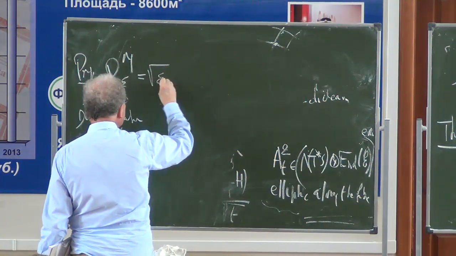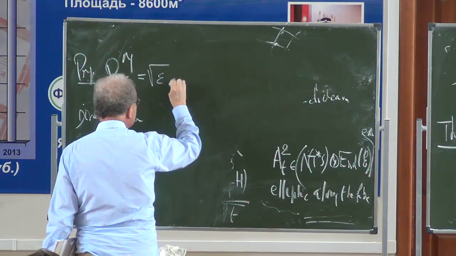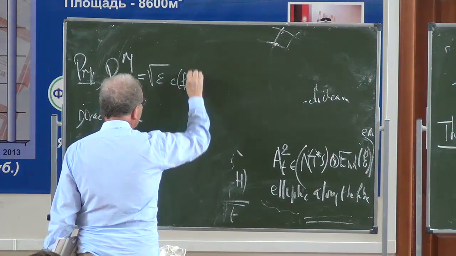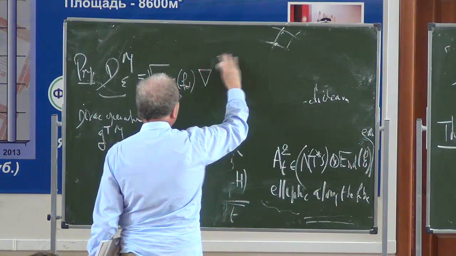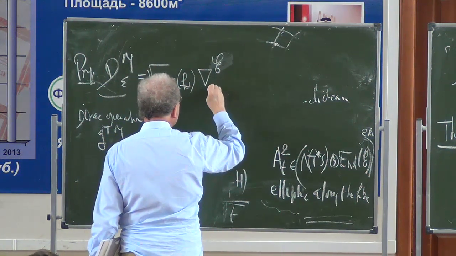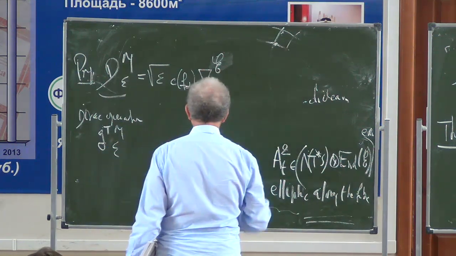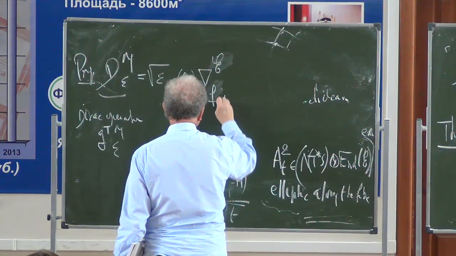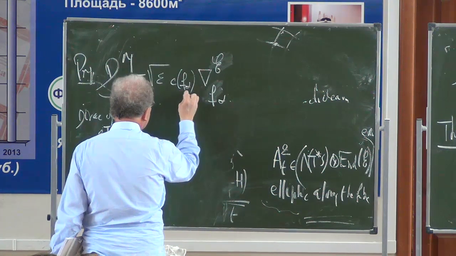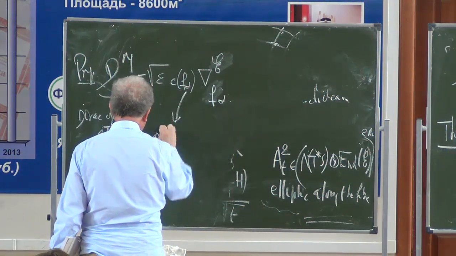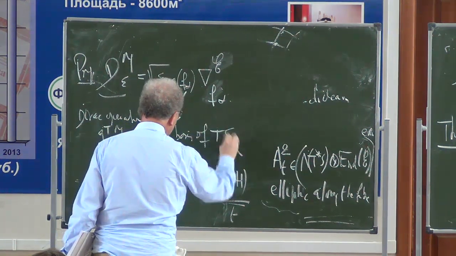square root of epsilon, I'm going to say this as being c(f^alpha) nabla on E, where the f^alpha are an orthogonal basis of TS.